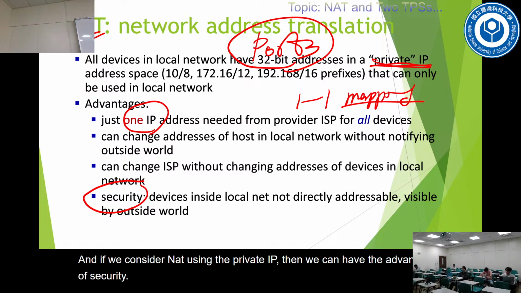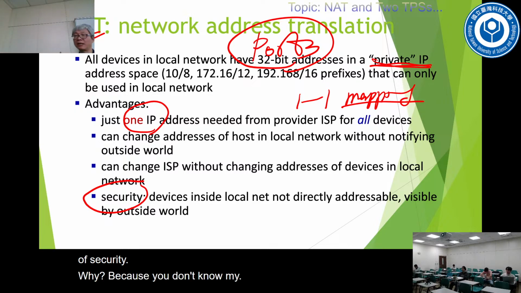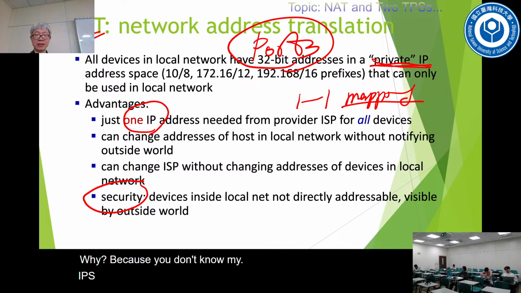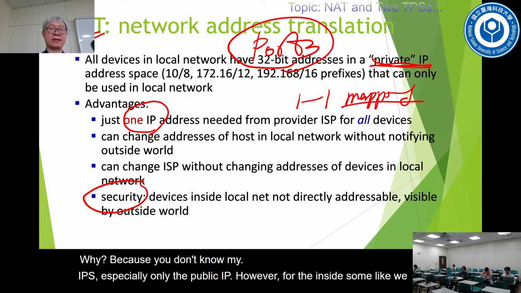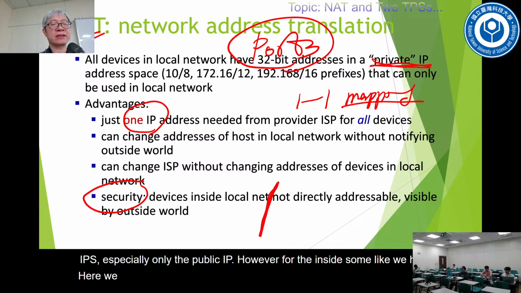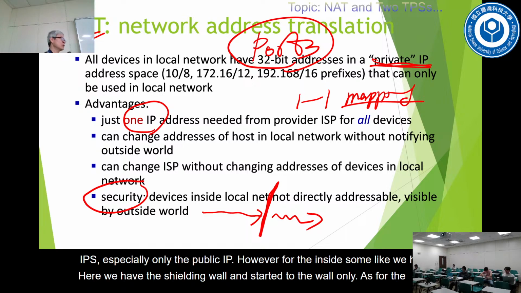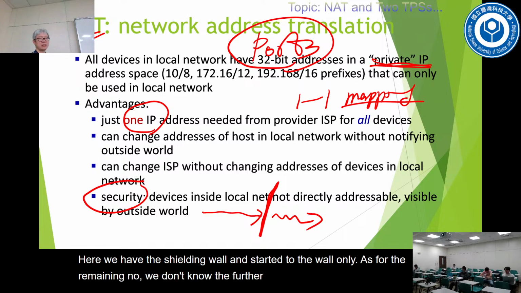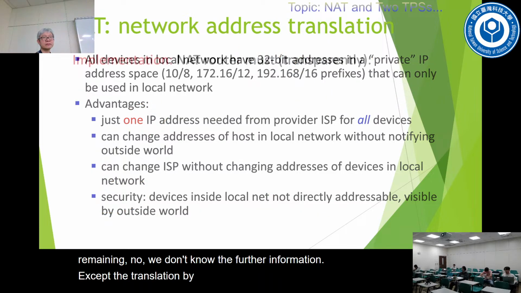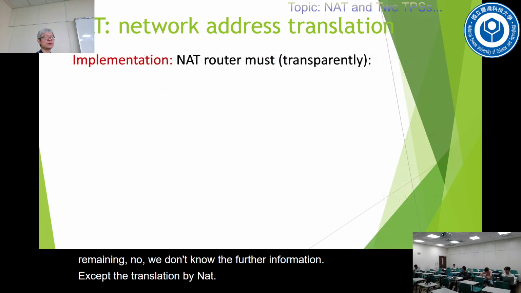Because you don't know my IPs explicitly, only the public IP. For the inside, something like we have a shielding wall, and to the outside we don't know further information except the translation by NAT.